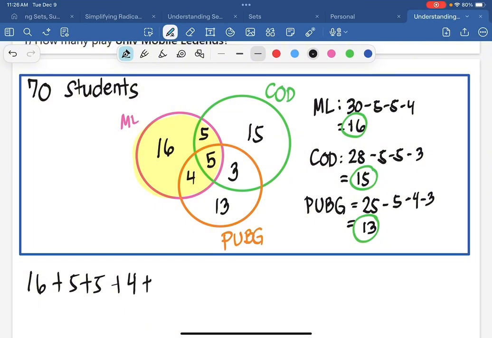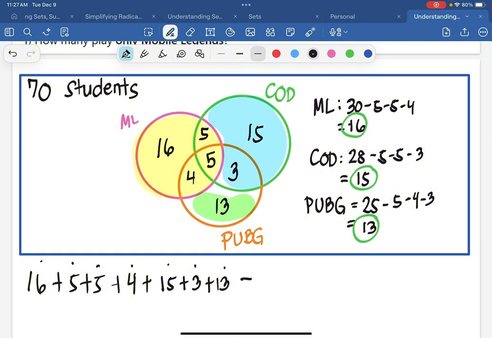Next, let's add the other group. We have here the numbers that are not touched yet for COD. So we have 15 and 3, and the remaining side, of course, we have 13. So we just review 16, 5, 5, 4, 15, 3, and 13.